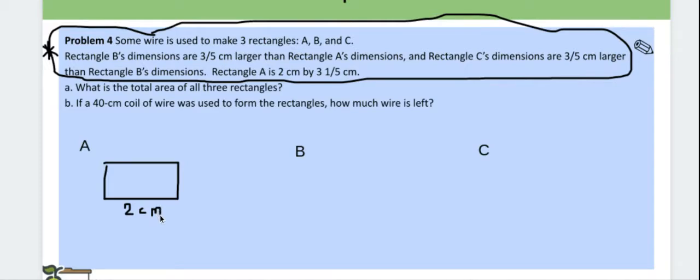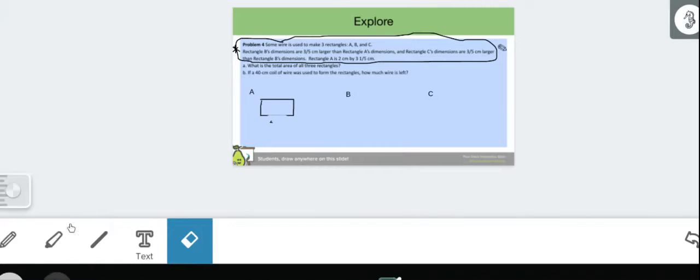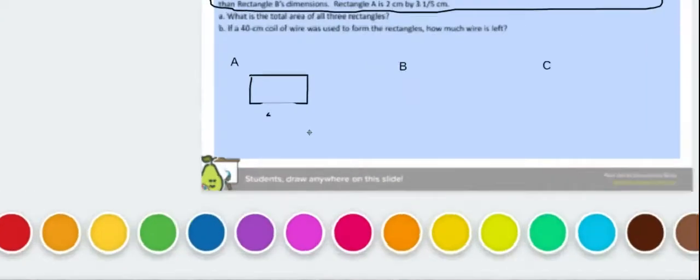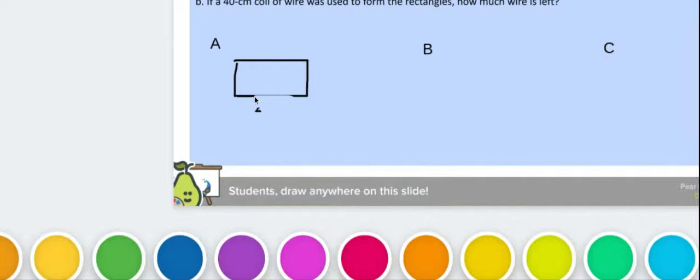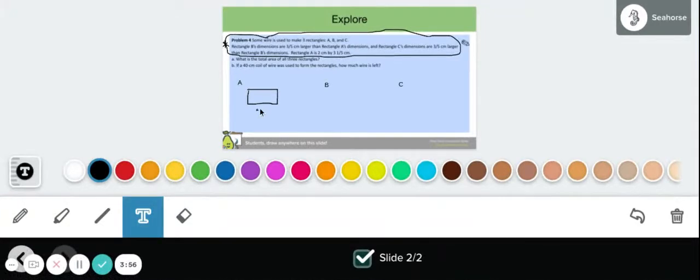And I don't like how I wrote that, so we're going to get rid of that. Just going to remake that line. And what I want to do is I'm just going to put it in as a text. So 2 centimeters. And then we have the width as 3 1/5 centimeters.